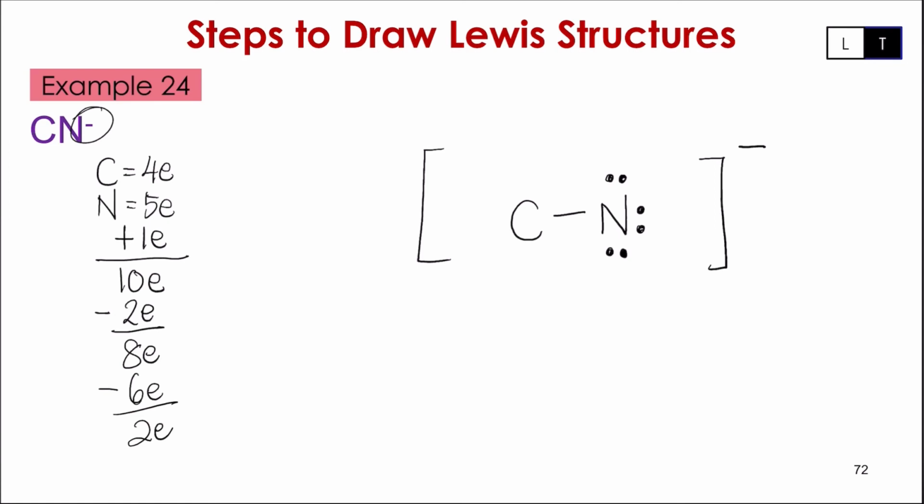The 2 more left will be at the central atom, carbon, 2 dots. When we fill, we use dots. So in this case, did I get the correct calculation? Yes, I got the correct calculation. Remaining is 0. But if you look carefully, nitrogen already has an octet, with 8 electrons. But carbon does not yet, it only has 4 electrons.